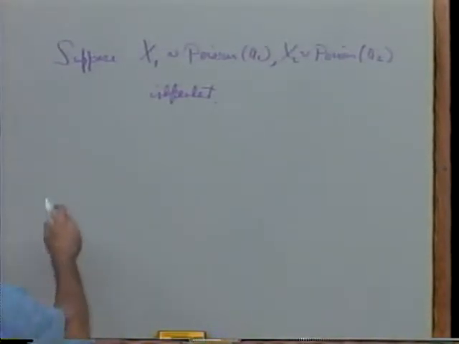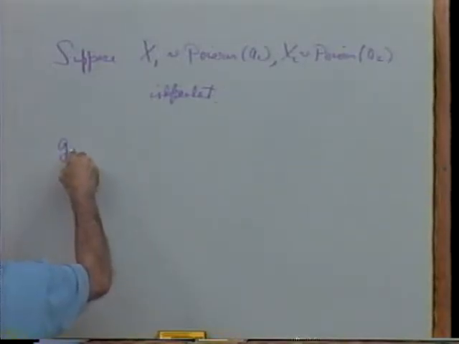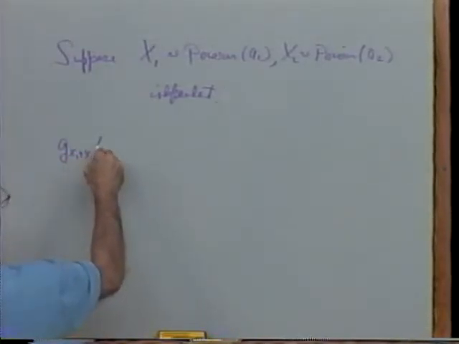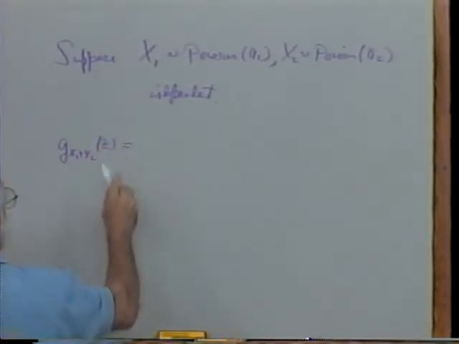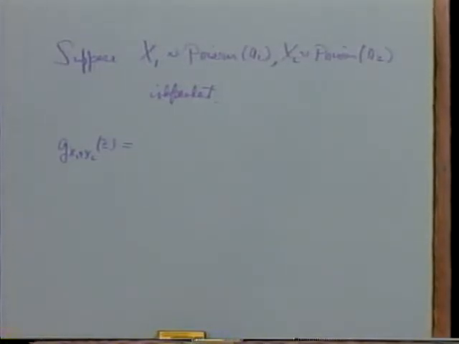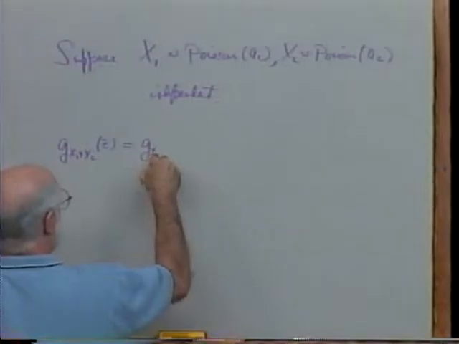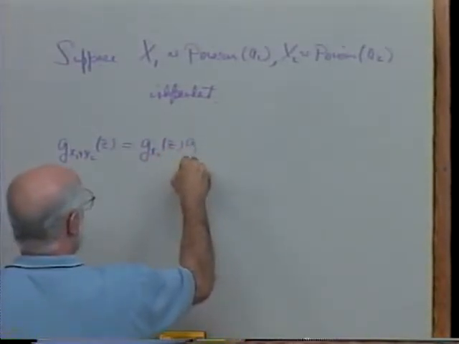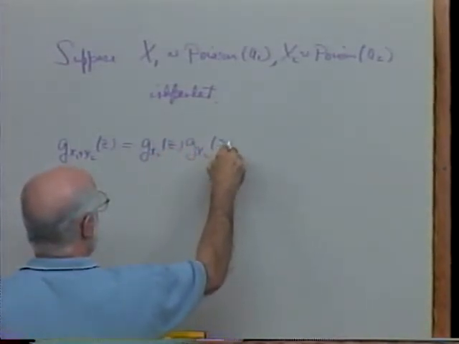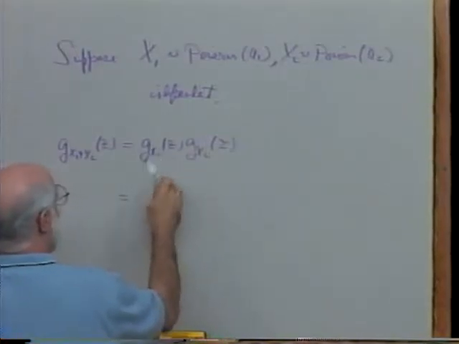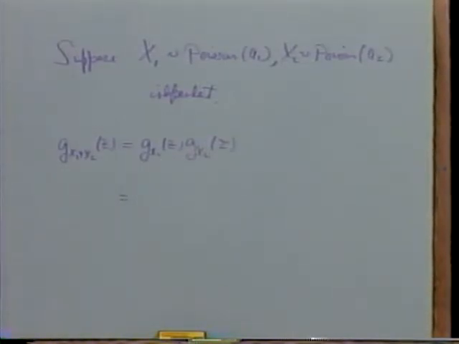So I'll find the generating function of the sum. Well, according to my theory, that's the generating function of the first one times the generating function of the second one. Now, we already figured out what the generating function was for a Poisson variable. That was our previous example.